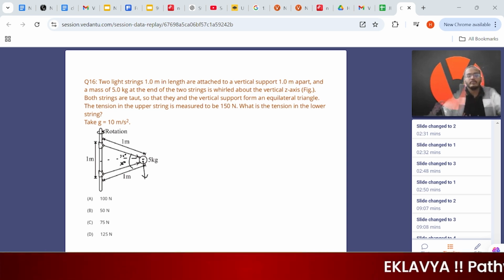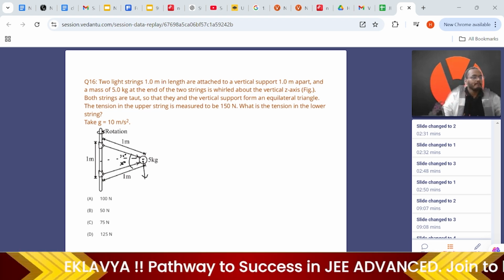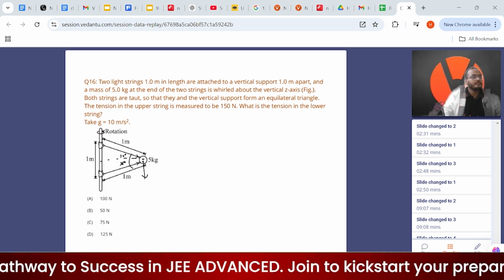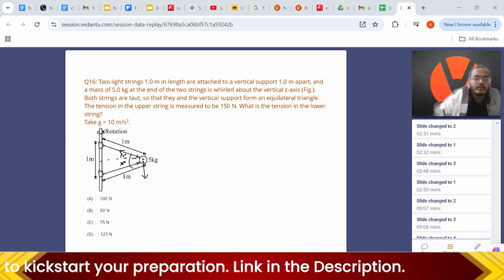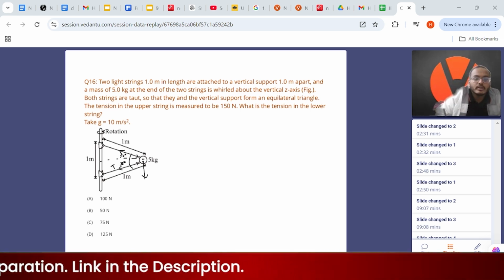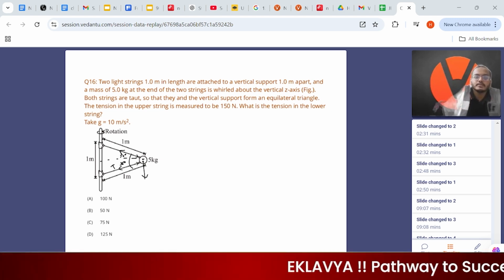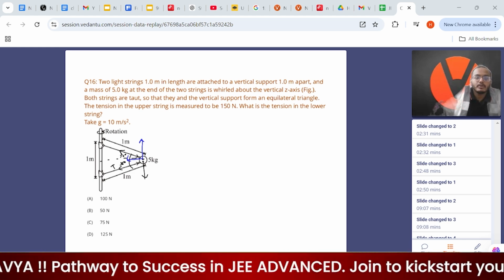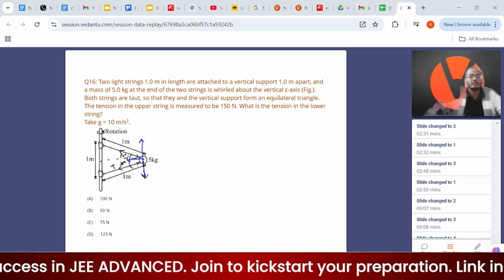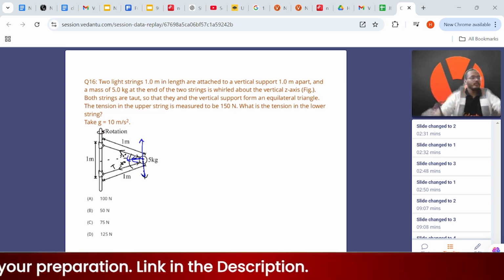Now, if the tension here is 150 newtons, and there is some other tension, let's say this is T. When I resolve it into components, this tension will have one component here, and this tension will also have the same.